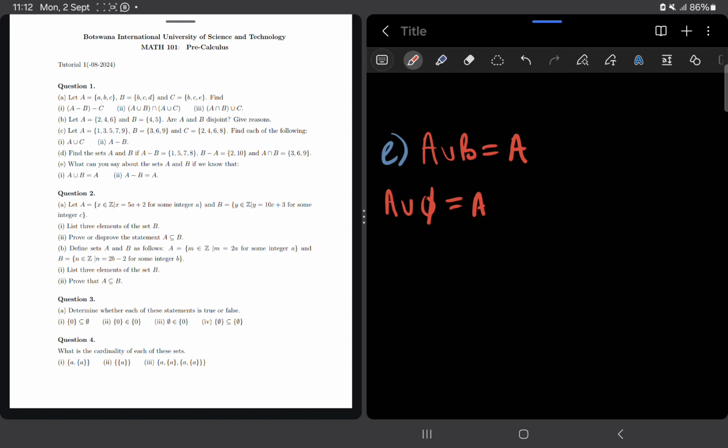But there's something else I want to tell you. If B is a subset of A, then it means that everything in B is also in A, right?